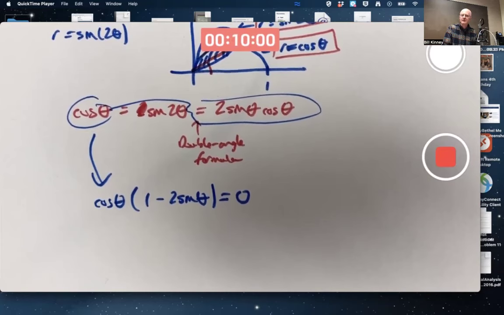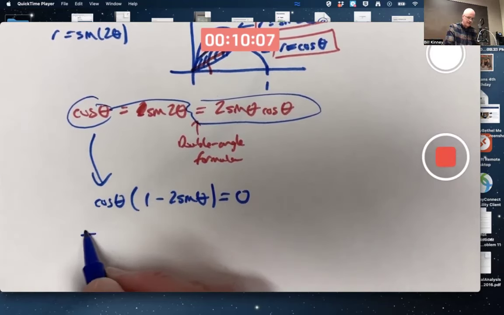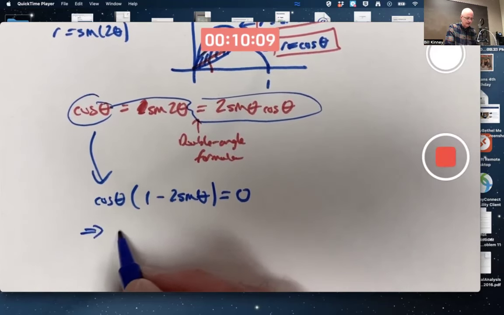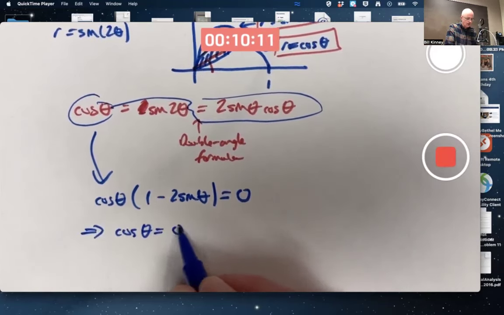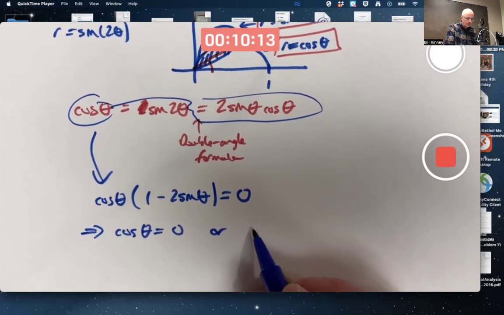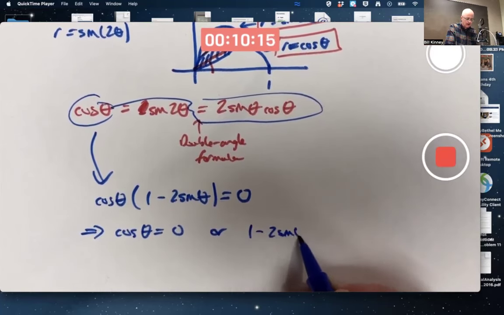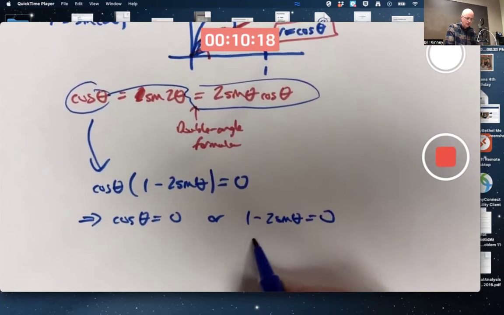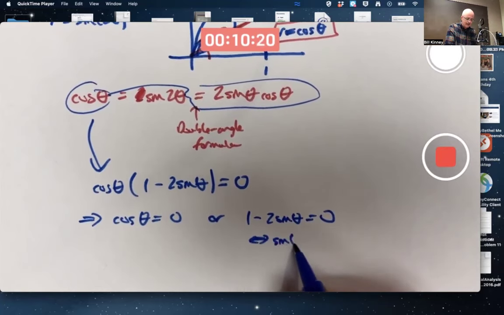You technically should do it that way to be a bit more rigorous and include all possible solutions. This means in order for this product to be 0, either cos theta is 0 or 1 minus 2 sine theta is 0, which of course is equivalent to sine theta is a half.